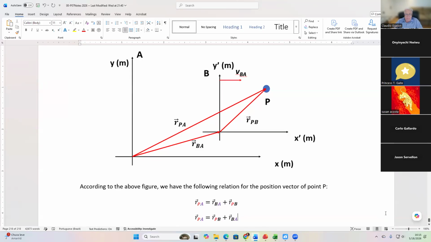That's the equation that synthesizes relative motion.